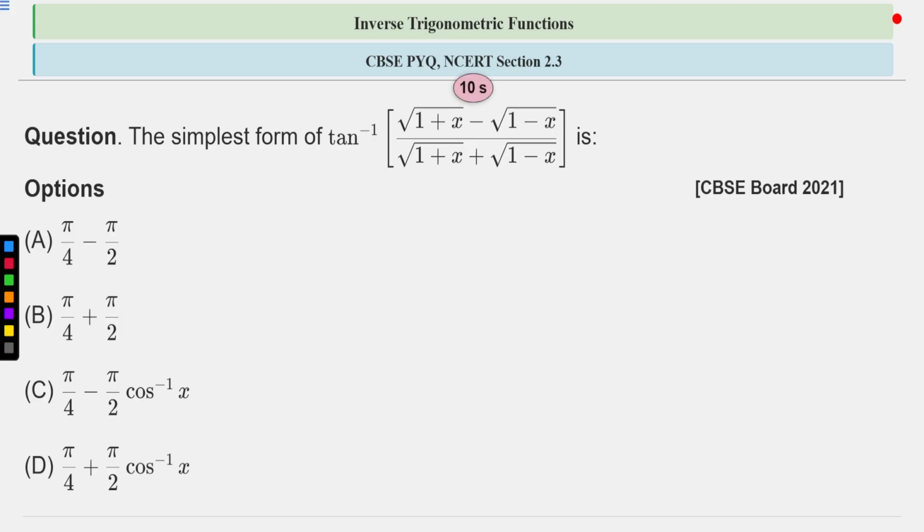I'm giving you 10 seconds to solve or think about this question. After that, we will discuss the solution part, right? Okay, let us move to the solution part.